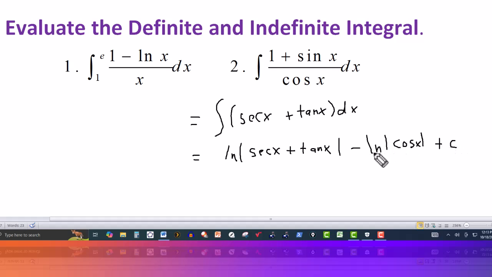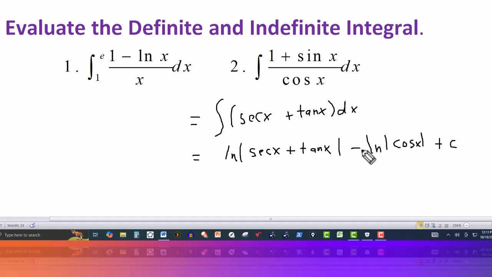Now sometimes you may see this in some of the formulas that you're given in the textbook. You might see this as the integral of tangent of x is equal to, instead of a minus here, a plus natural log of absolute secant.